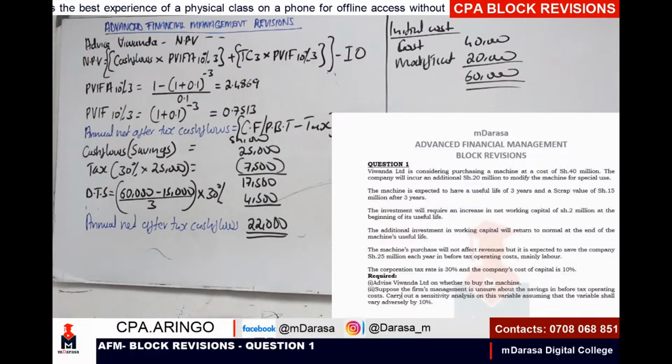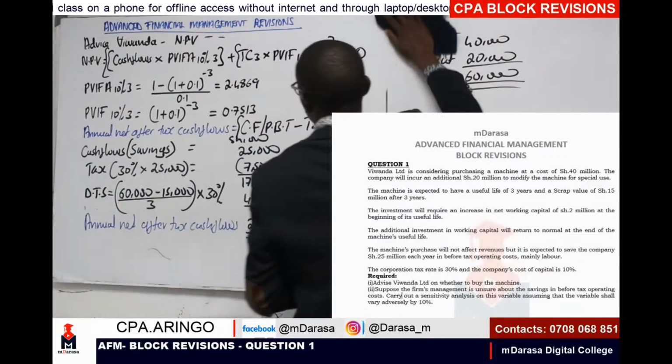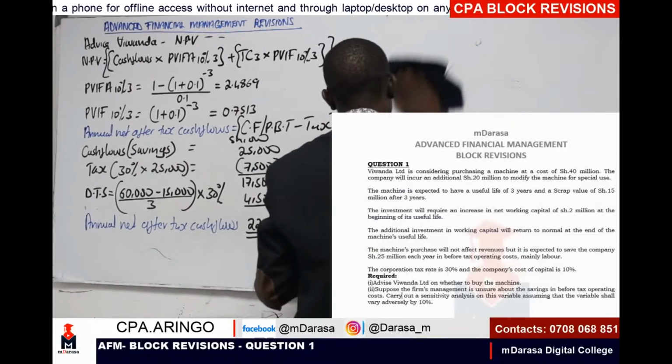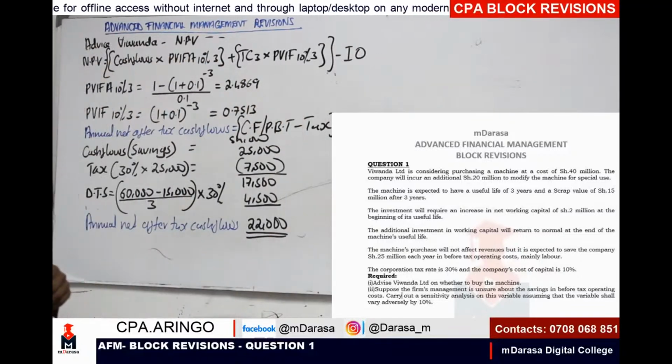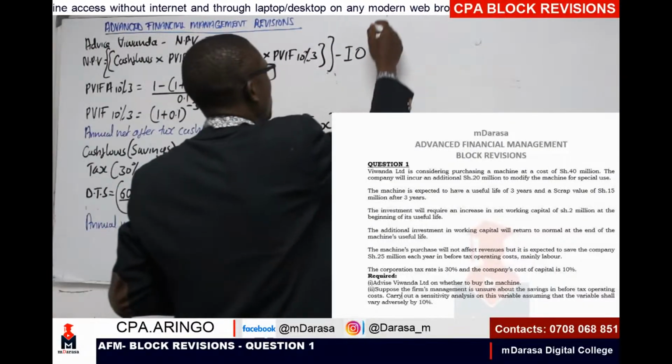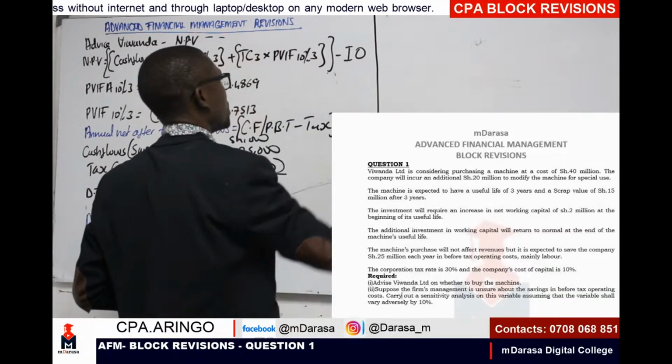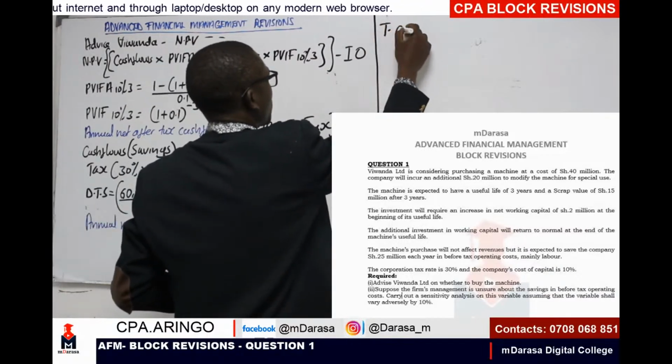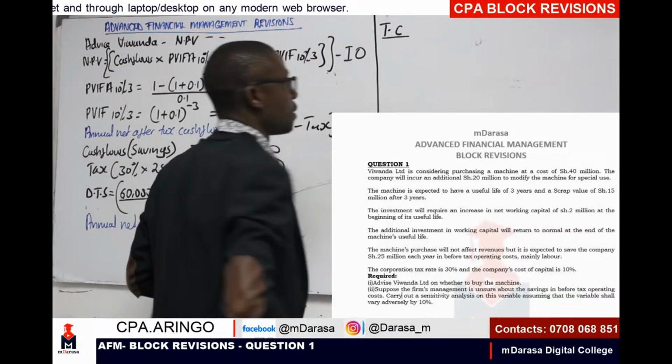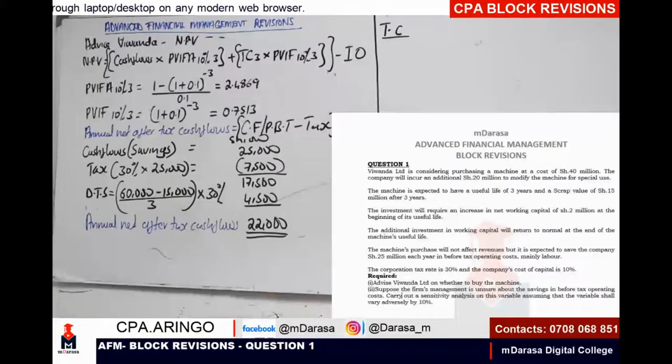So we have determined only but one component, which was what? The first bit, right? What about the terminal cash flows? How will you determine your terminal cash flows? That will always be easy. Your terminal cash flows will always be determined by taking your residual value as at the end of the period.